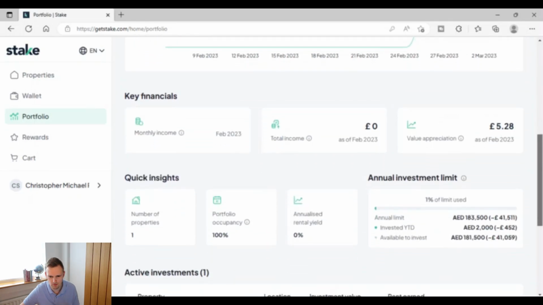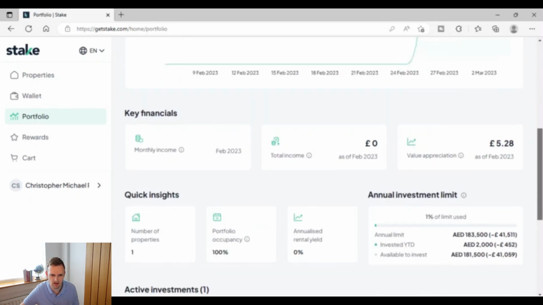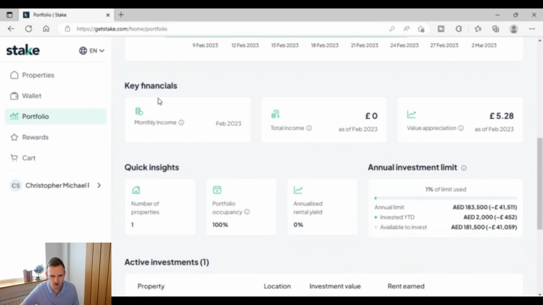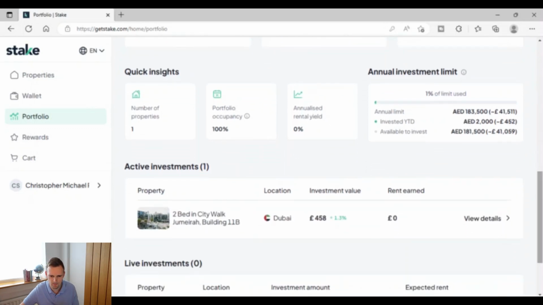But if we scroll down further, you get a breakdown of your investments here. So you get key financials, monthly income, so obviously zero. I haven't received any rent yet because I've only just invested. Total income at zero, of course, and then value appreciation, £5.28 that I've gained, because what they did when they funded this property I've invested in, they reassessed the value to see has it changed.